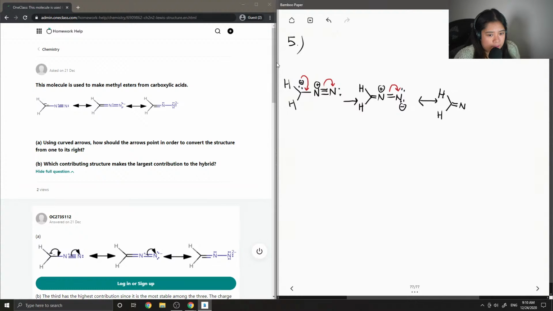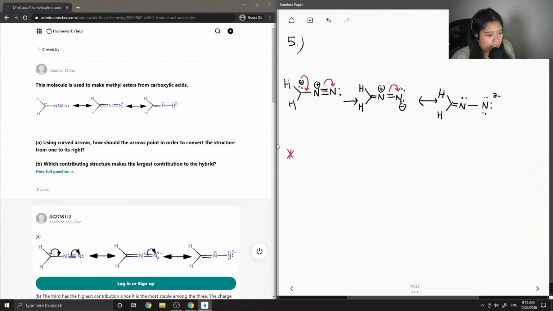And then its resulting structure is a single bonded nitrogen with a 2- charge. Okay, so these are the mechanisms.